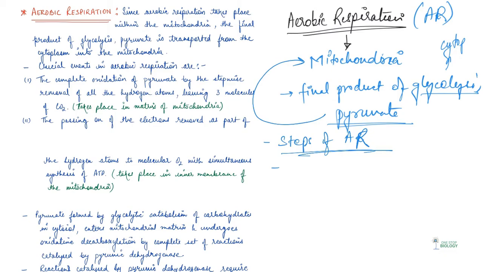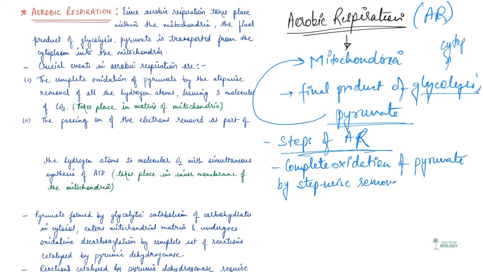So the first step is complete oxidation of pyruvate by stepwise removal of all the hydrogen atoms, leaving three molecules of carbon dioxide. It doesn't happen at random. It is a stepwise removal.